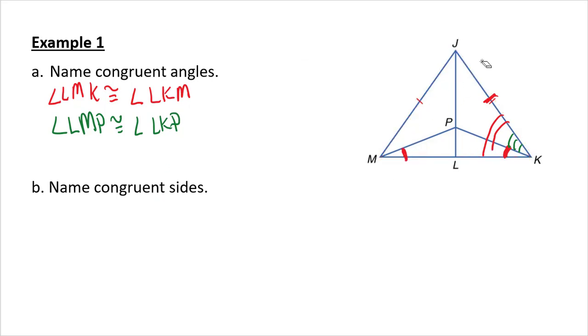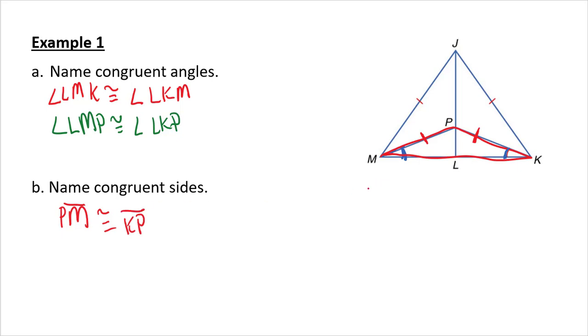Okay, naming the congruent sides. I'm going to erase all this because it's not really going to help us. Okay, so I know that angle PML and PKL are congruent. So in this triangle, let me actually highlight it in red. In that triangle, PM is going to be congruent to PK.